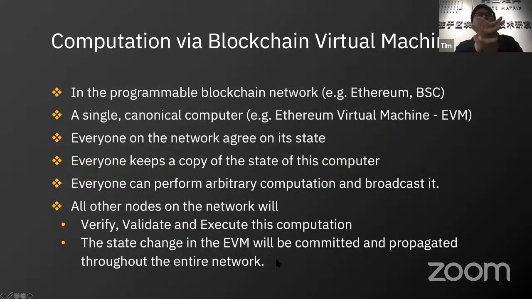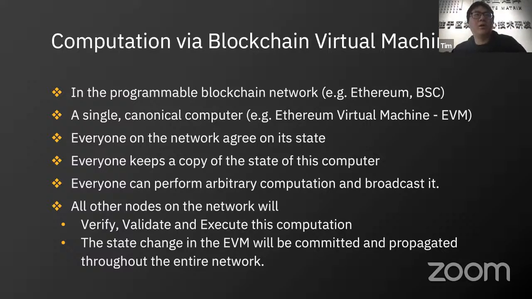Okay, so how is the computation on the blockchain achieved? Basically, the idea introduced is a blockchain virtual machine. In a programmable blockchain network, there's always a single canonical computer, such as the Ethereum Virtual Machine, namely EVM, right?